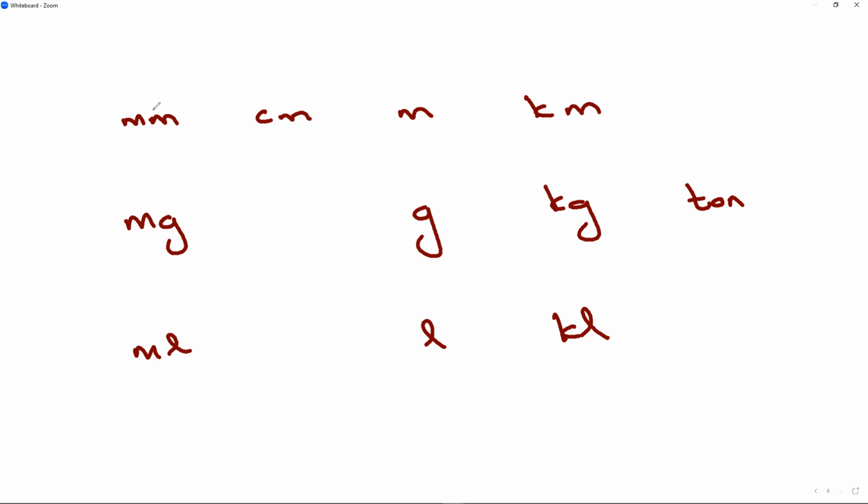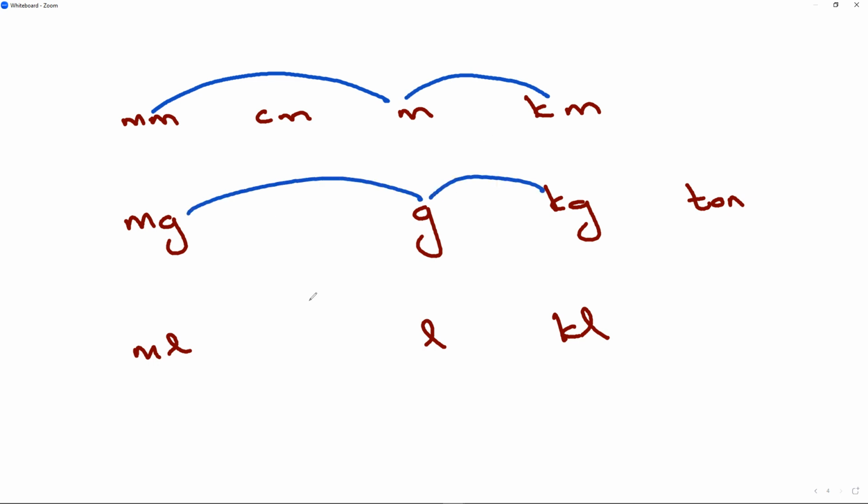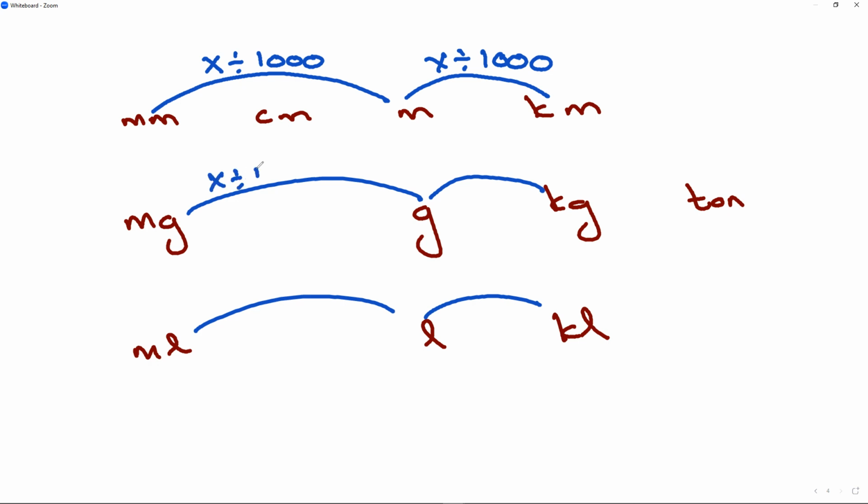So let's put those important ones out there. Those look the same across the board. I'm going to put times and divide 1,000. Times, divide, 1,000. And that's the same for this one.